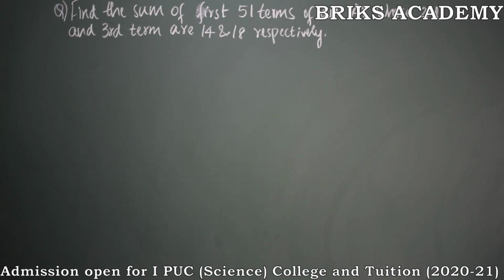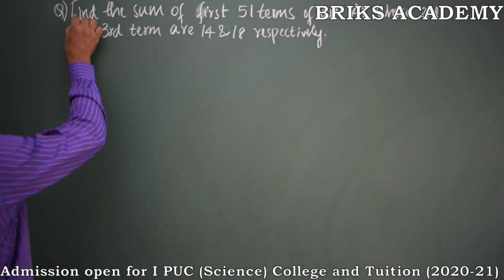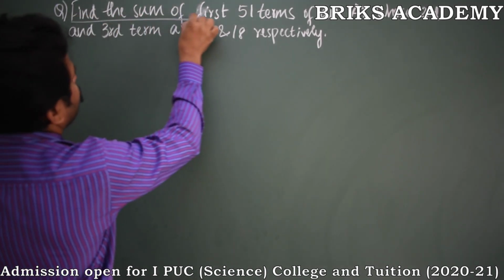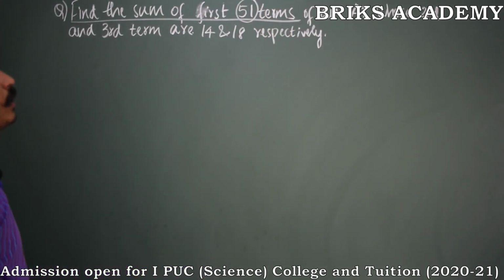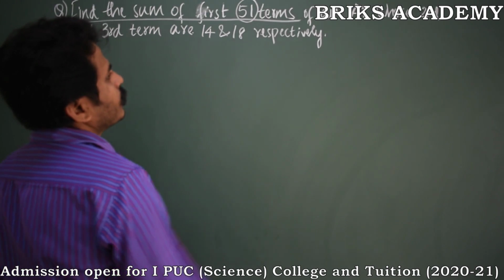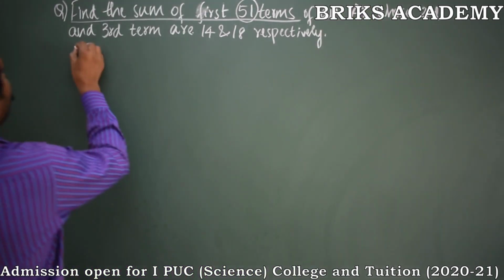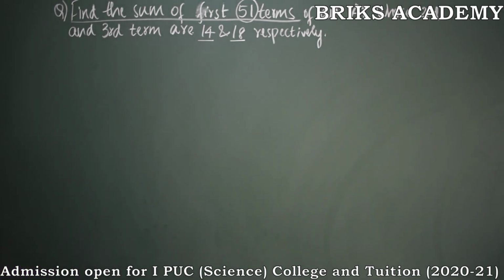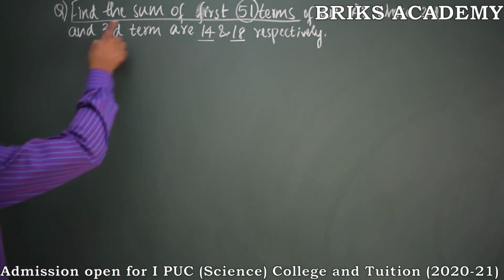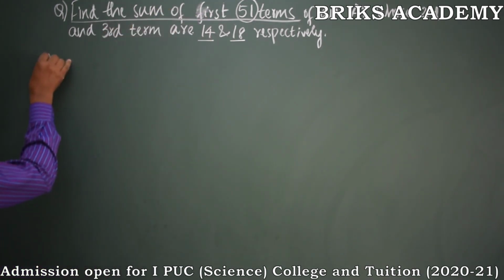Read the question. Find the sum of first 51 terms of an AP whose second term and third term are 14 and 18 respectively. Find the sum of first 51 terms.